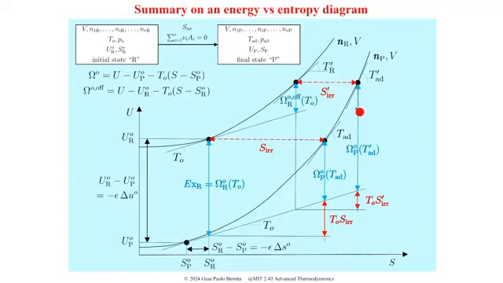And even if I pay off what I spent in order to do the preheating, I'm still gaining, because if I do things reversibly, I have less exergy waste than in the previous case.